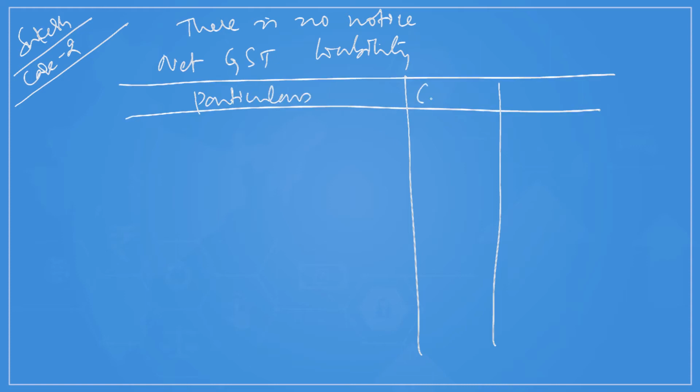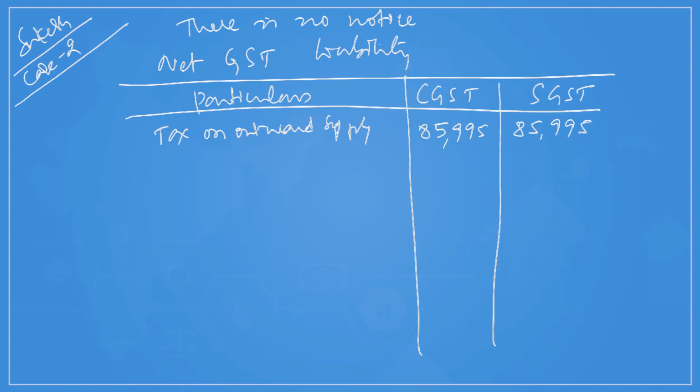Particulars, CGST, SGST. Again consider tax paid on outward supply, tax on outward supply, that is rupees 85,995, 85,995 in case of SGST. From outward tax deduct tax on inward supply.